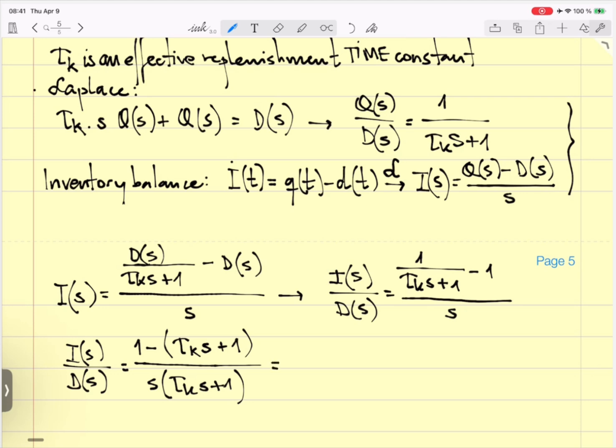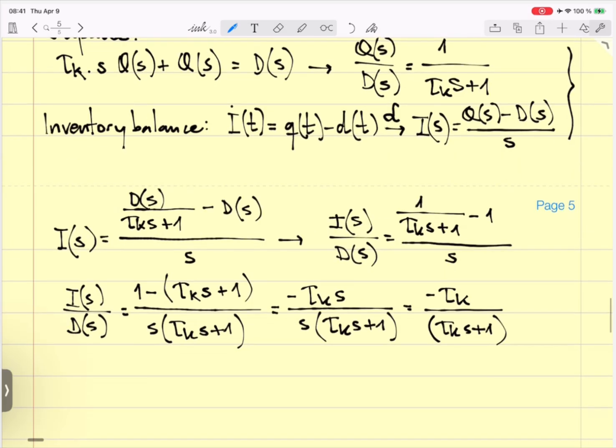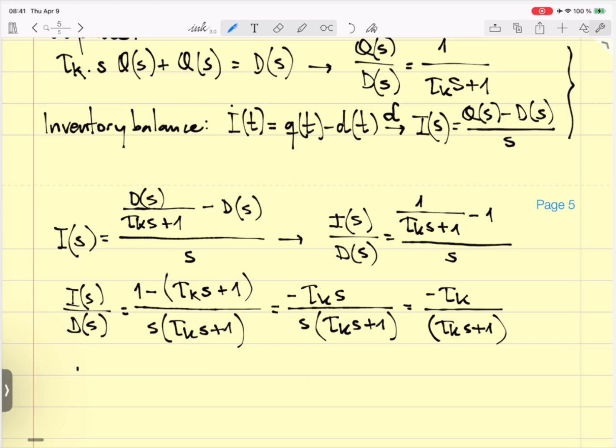This is minus tau sub k s divided by s times tau sub k s plus 1. This equals minus tau sub k divided by tau sub k s plus 1. Okay, this is our transfer function in the Kanban loop.